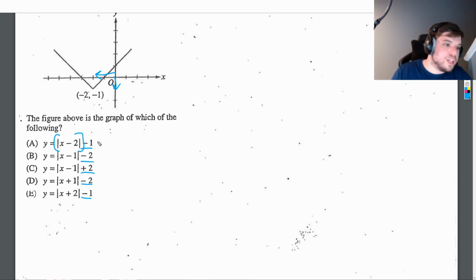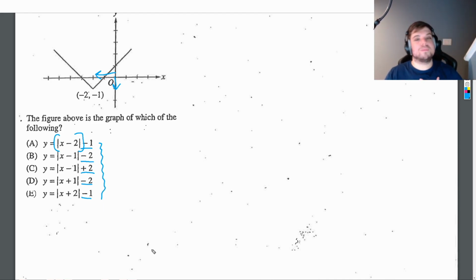Sorry, they don't always represent y-intercepts. They represent vertical displacement, how far the function goes up or down when they're in these standard forms.